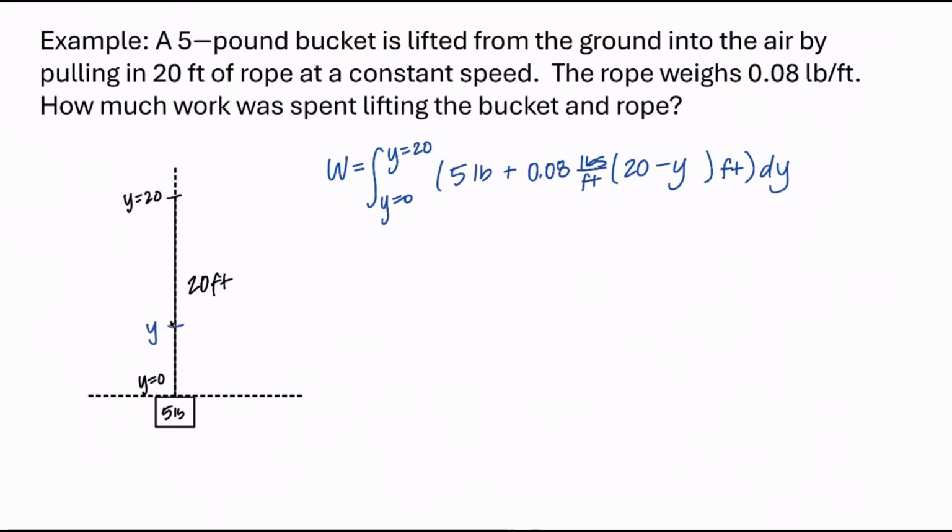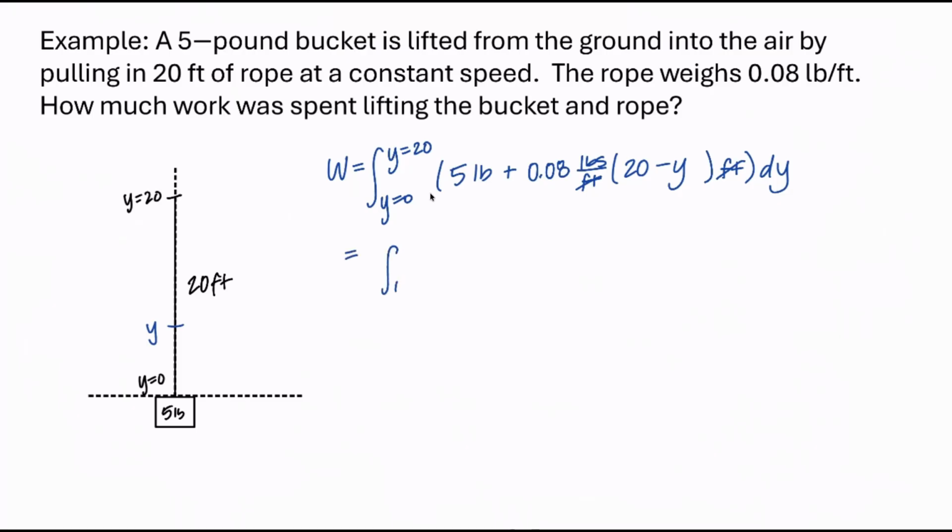So here, again, notice that the units of feet cancel. So I'm going to have 0.08 pounds times 20 minus y. So I'm going to have pounds here, and then plus the 5-pound bucket. So this is all pounds. It all needs to be the same units that I'm going to be integrating. And so let's go ahead and simplify the numerical values.